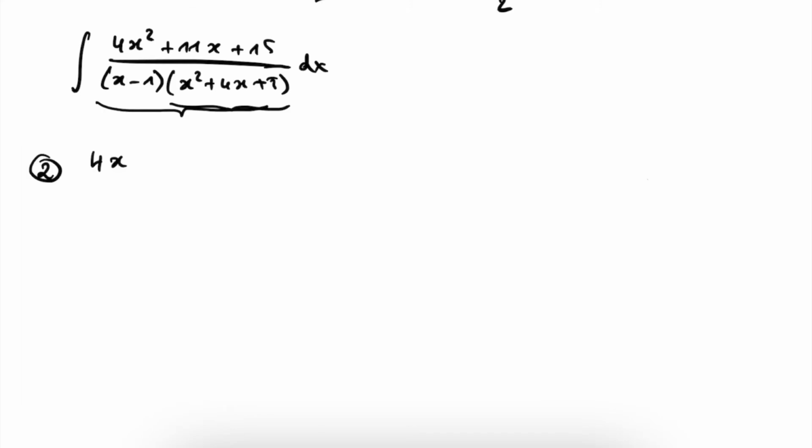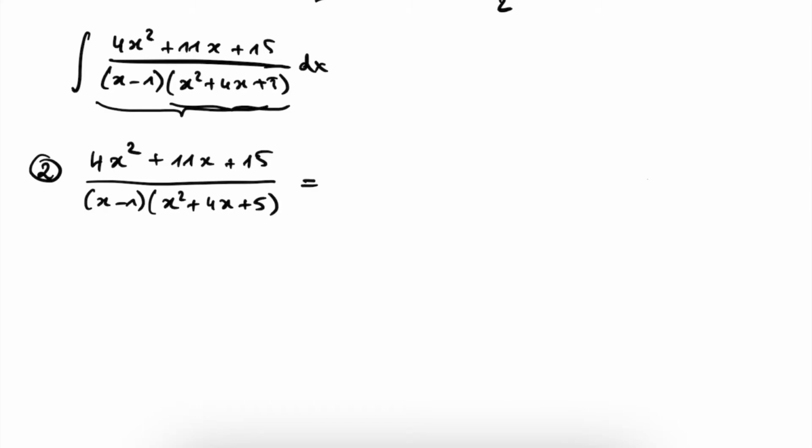So we have 4x² + 11x + 15 divided by (x − 1) times (x² + 4x + 5). So we want to rewrite this as a sum of two fractions: in the denominator of the first fraction, x − 1, and in the denominator of the second fraction, we have x² + 4x + 5. So this is what we want to have in both of the denominators of the sum of our fractions.